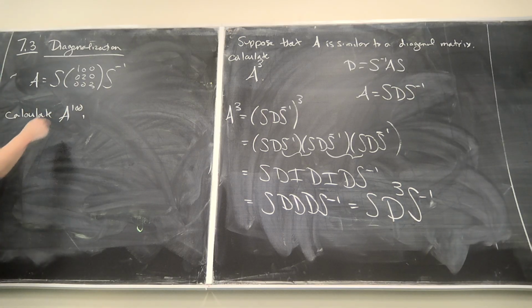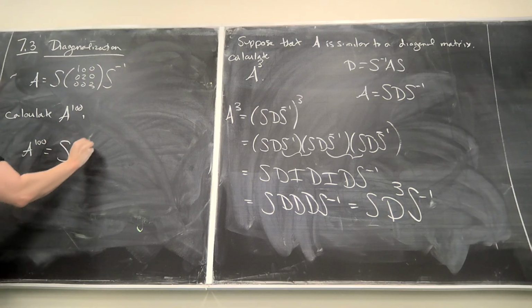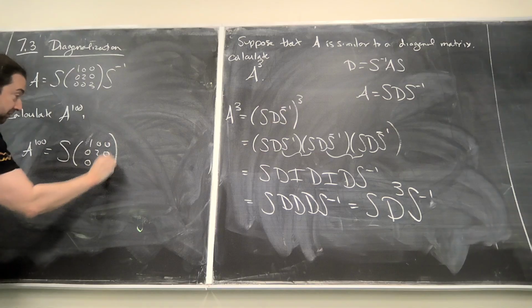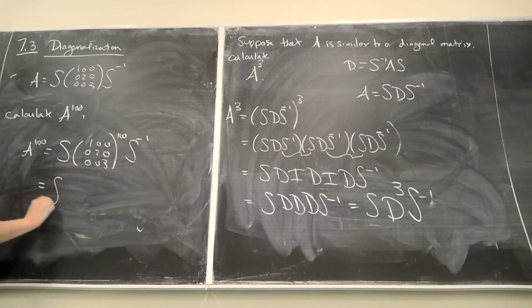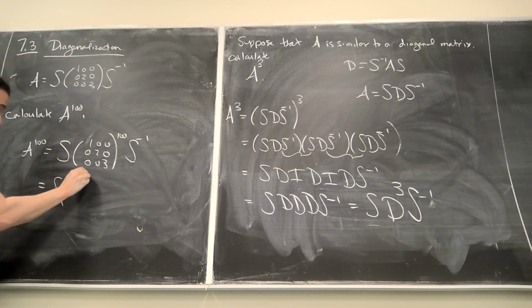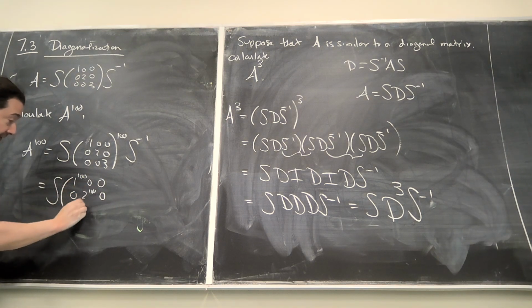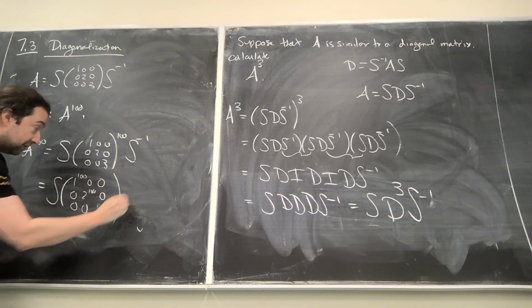Well, that would suck if you had to multiply A by itself 100 times, but instead, A to the 100th is going to be equal to S times the diagonal matrix to the 100th. And then you just put the powers inside. And you have saved yourself a whole load of calculations by doing that.